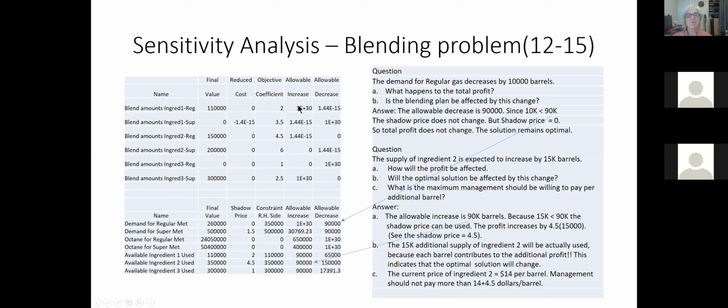This means that the solution is very sensitive to reduction in the profit. So if the profit was for some reason overestimated, when you say 2 here, this is very bad because every little drop in this will change the optimal solution.